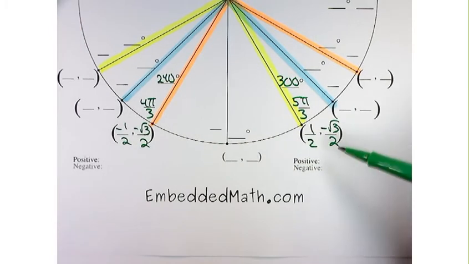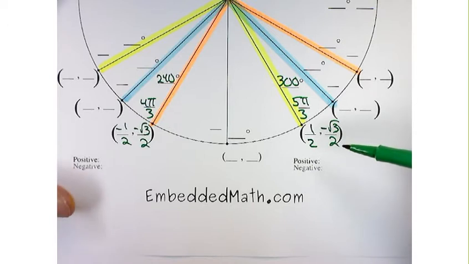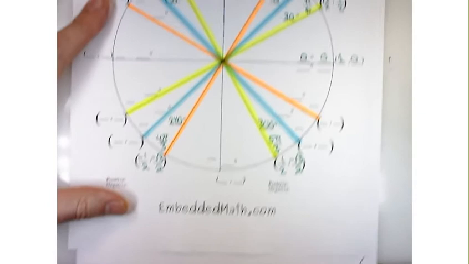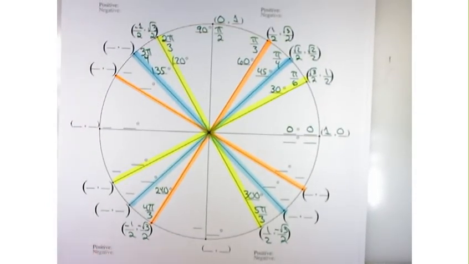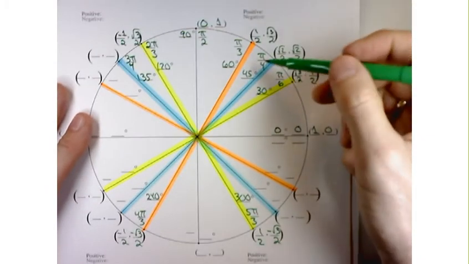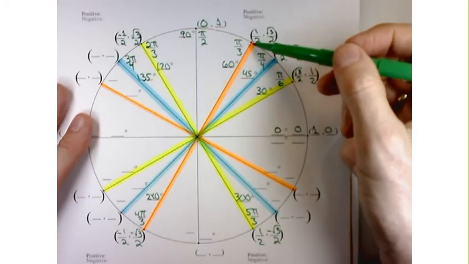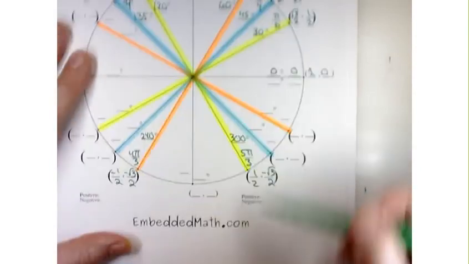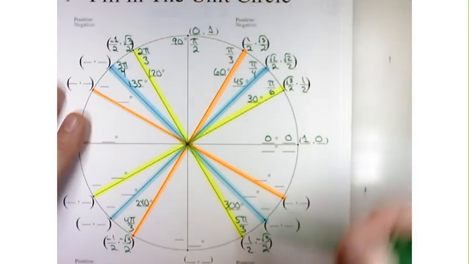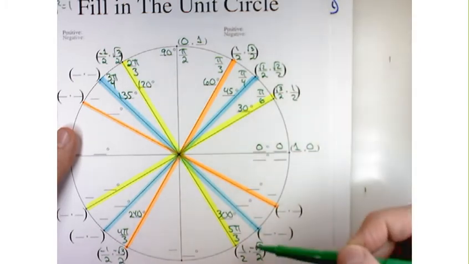What's another way I could have gotten that one had I wanted to? I could have figured out the coordinates at that point? Could you use the coordinates from the first quadrant? Yeah, thank you, Nico. So, yeah, you could have done from the first quadrant. You could have said, okay, well, I can go down from 60 degrees all the way down to here, and the x-coordinate is going to be the same, but the y-coordinate is going to be opposite.